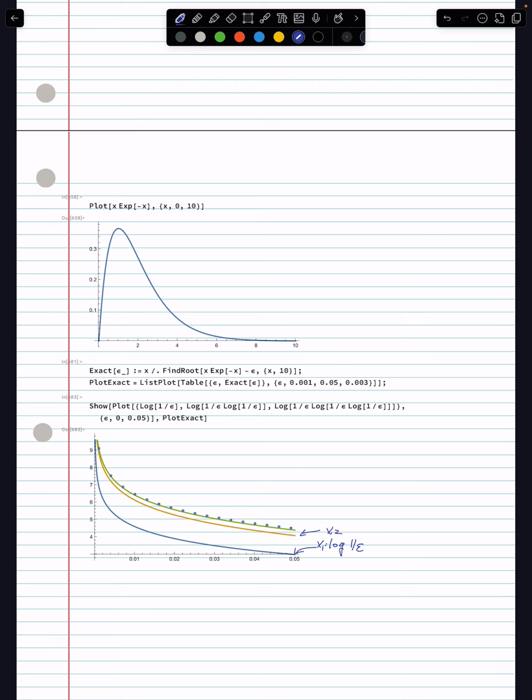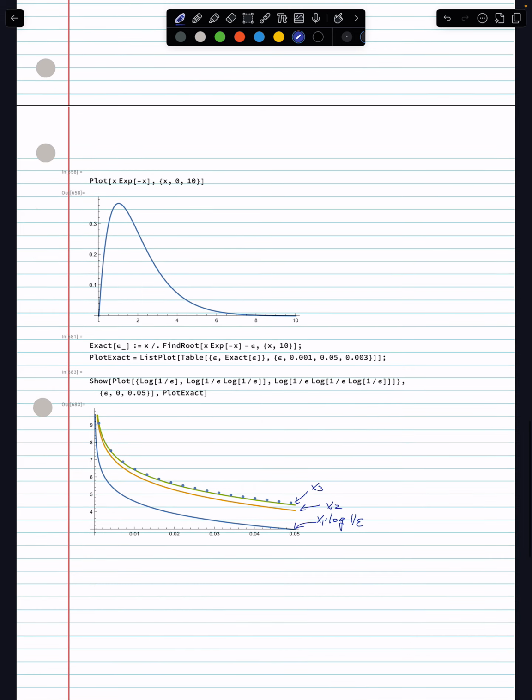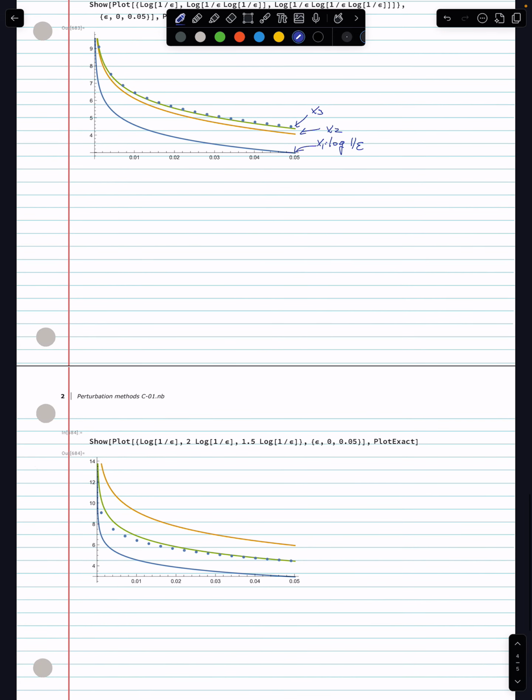That was x2. And you see here we have x3. And so using only 3 iterations, you see that the quality of the approximation you have is already very, very good. All right, so when the iteration method is used to solve problems involving exponentials, typically you don't need so many terms in order to converge very quickly to the roots.